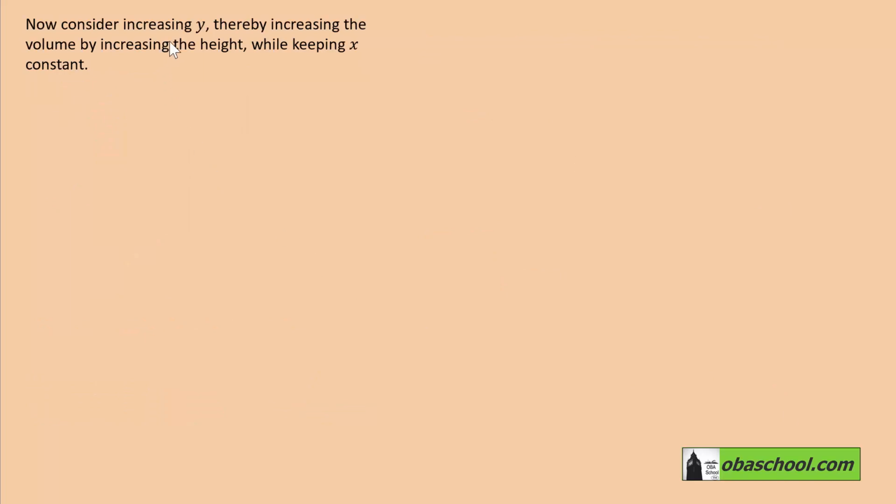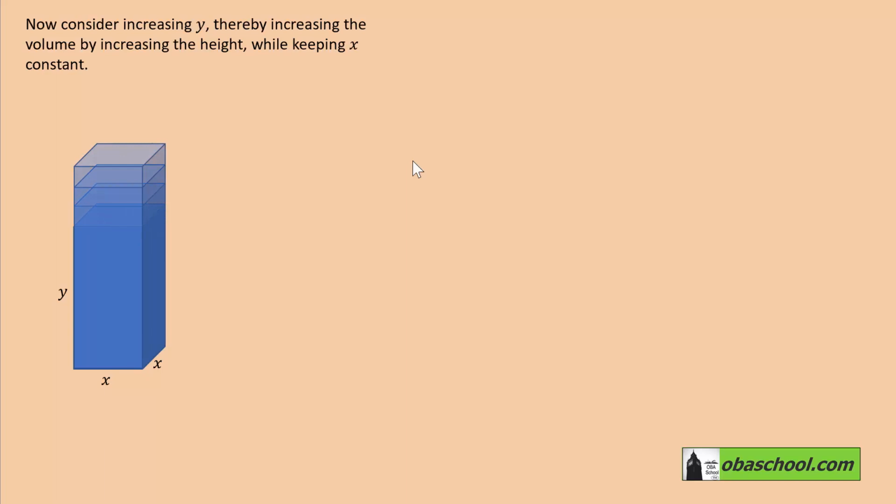Now consider increasing y, thereby increasing the volume by increasing the height while keeping x constant. So that would look like this. The increase in volume is all due to the increase in y, i.e., we're doing dV/dy and keeping x constant.